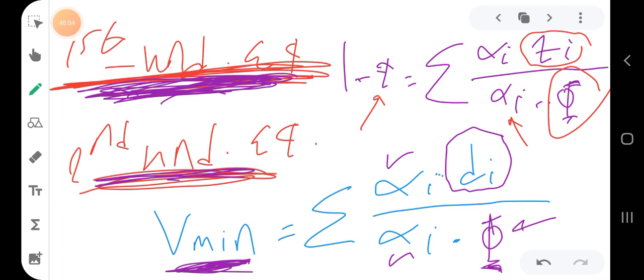Okay, but the problem here is that this equation for phi has many solutions, and the solution that you are going to get depends on your initial guess. So you need to choose a good initial guess for this phi value before you use your solver.